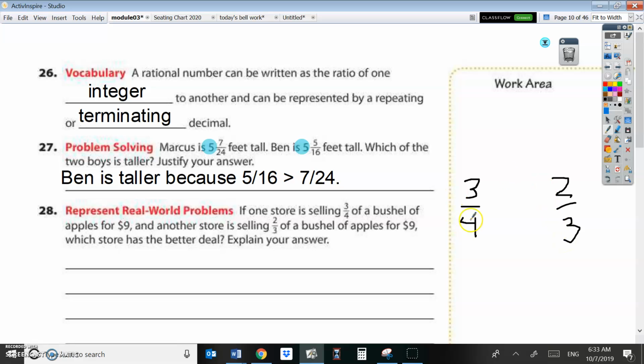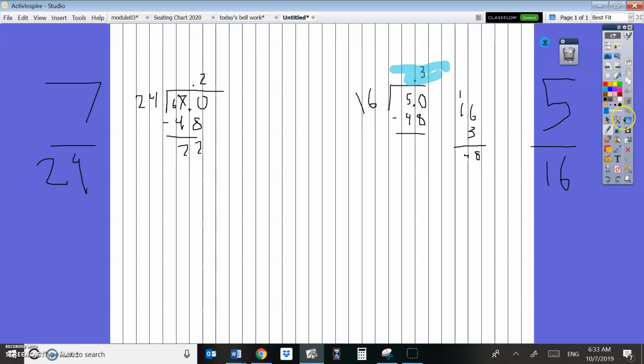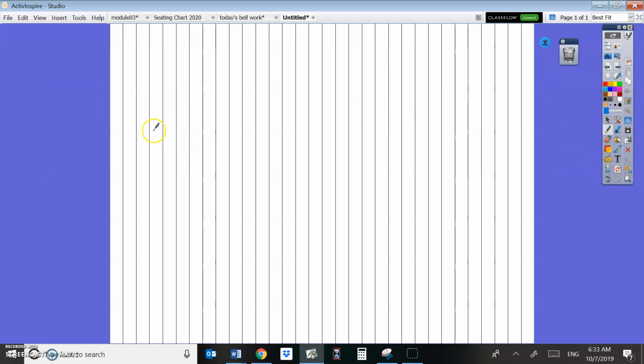We could do this problem 2 different ways. We'll do the dividing over here first. 2/3 and 3/4. 2 divided by 3. Remember, pause the video and work the problem.